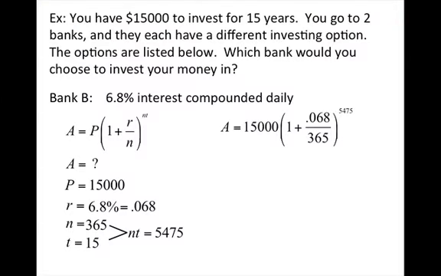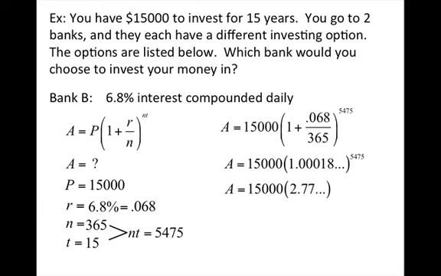So as we mentioned, we begin by what's inside the parenthesis. If you typed in 1 plus 0.068 divided by 365, that gave you 1.00018, and that decimal continued on. Then next we raised that to the exponent. When we did that, we got 2.77, and that decimal continued on.